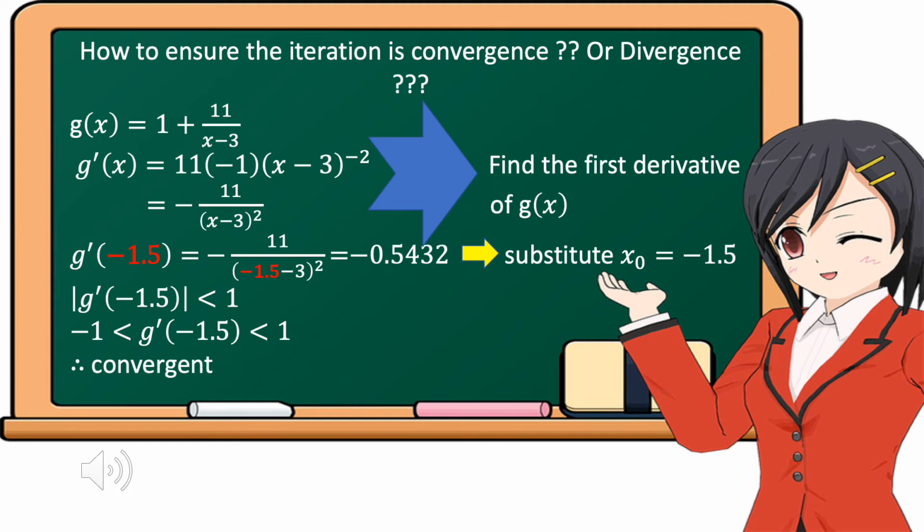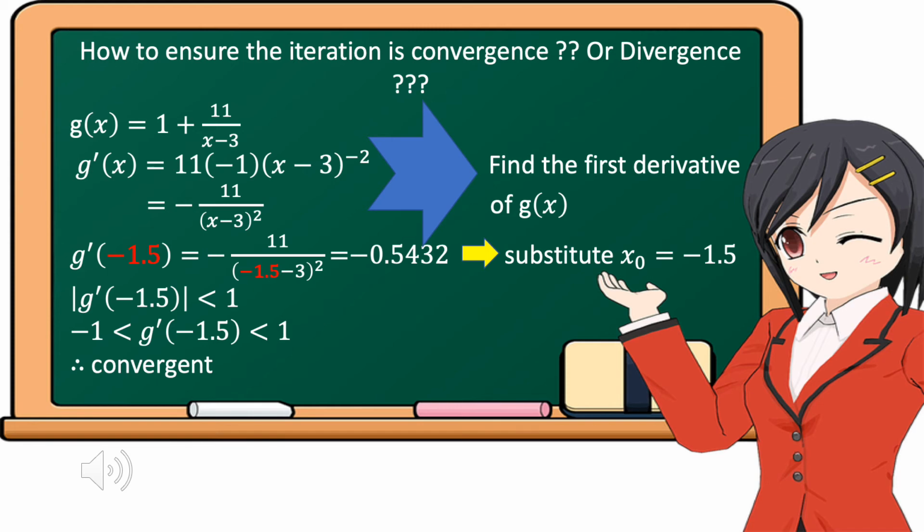The strategy we apply to conclude whether the iteration we form is convergent or divergent: first, we have to find the first derivative of the function g of x. From our working solution, the first derivative of g of x equal to negative 11 over bracket x minus 3 to the power of 2.